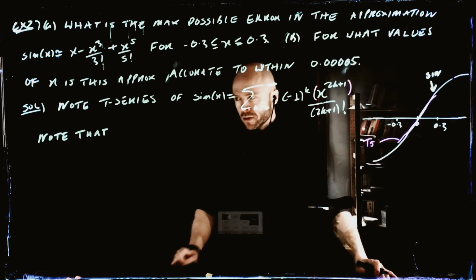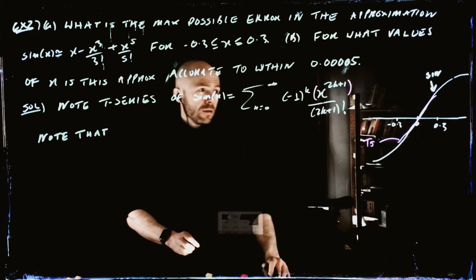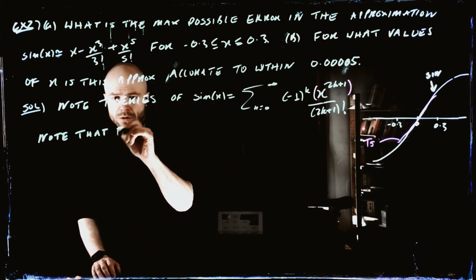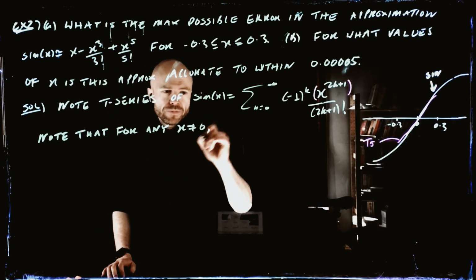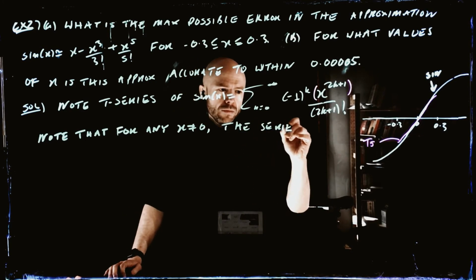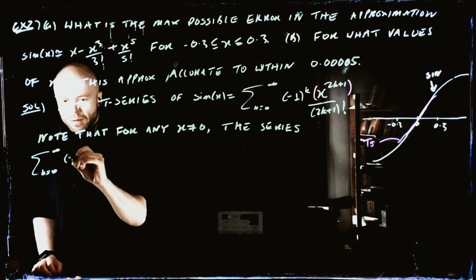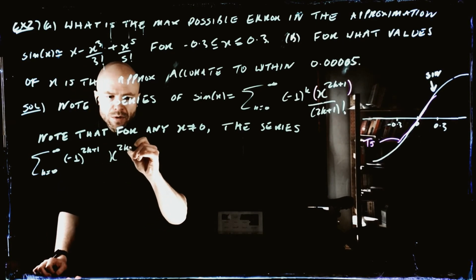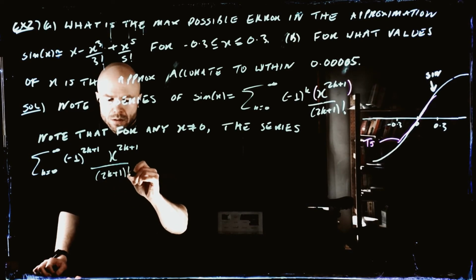Yeah? Note that no matter what x is, unless x is 0, which is trivial, so note that for any x not equal to 0, the series sum k equals 0 to infinity of minus 1 to the 2k plus 1, x to the 2k plus 1 over 2k plus 1 factorial is alternating.